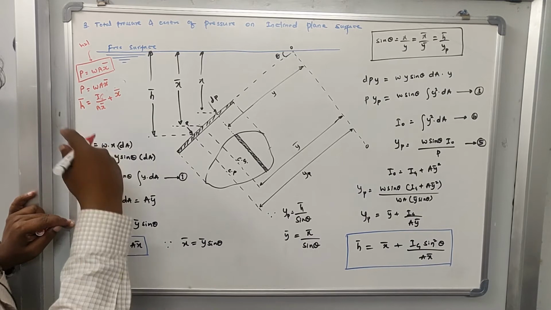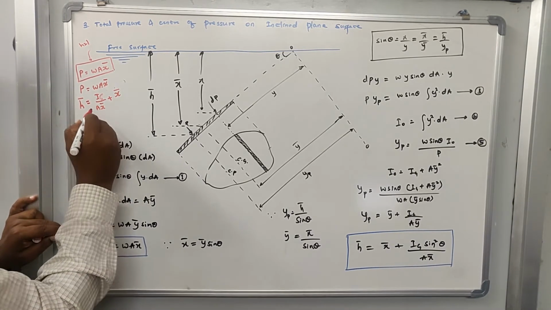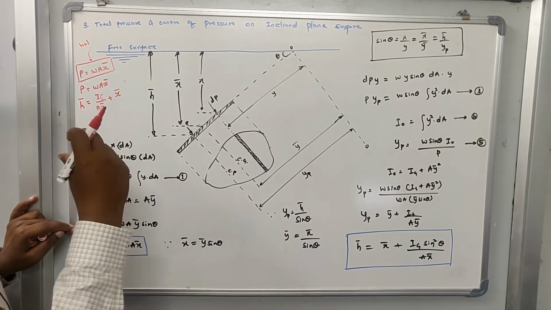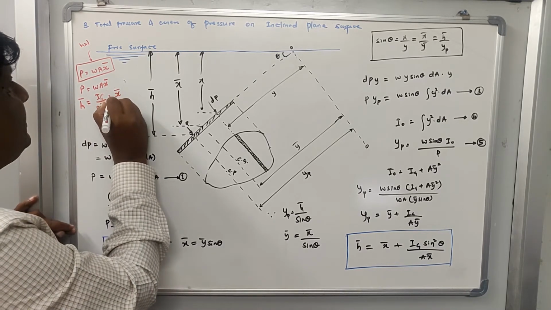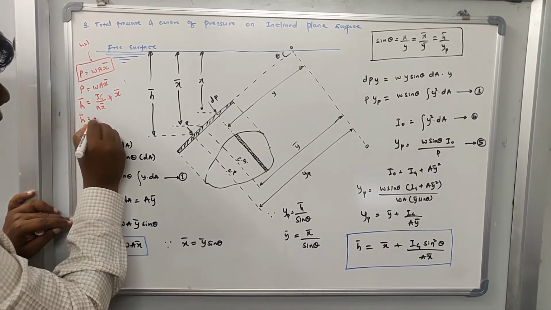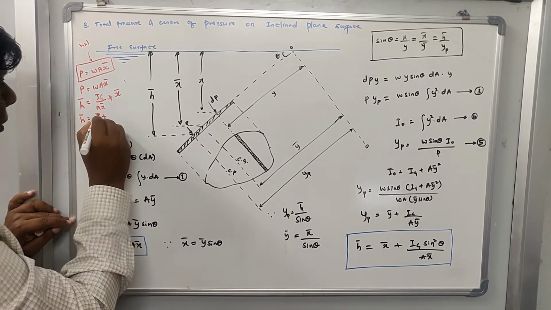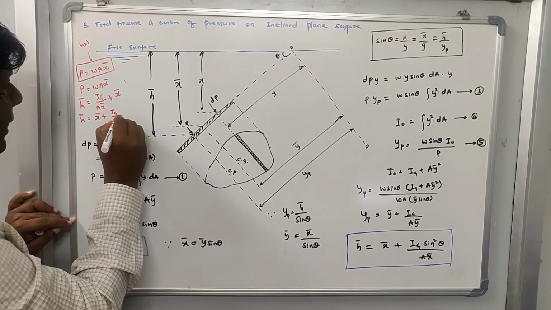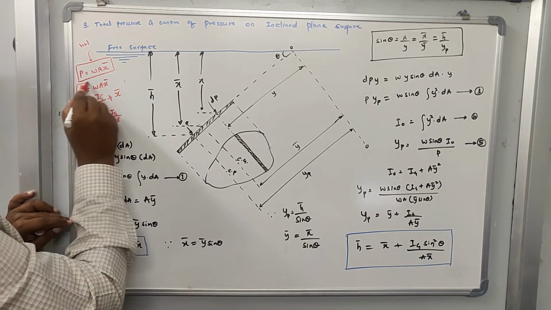X bar is the vertical depth between the free surface and the CG point. From this it is very clear that h bar is equal to x bar, and the center of pressure is just below the CG point by the quantity Ig by A x bar. This we also derived in the last class.